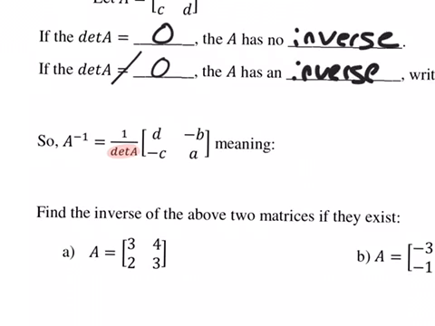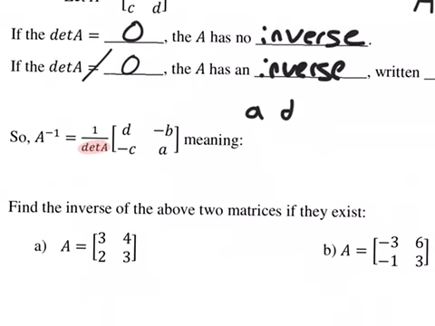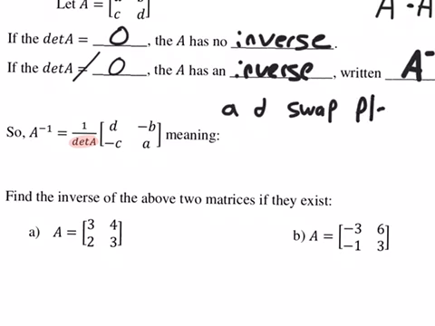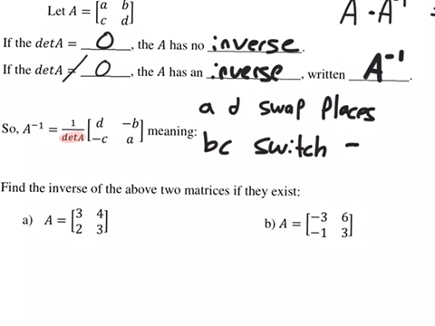A and D swap places. All right, and B and C switch signs. Not with each other, but just overall. They're both going to change signs. So positive to negative, negative to positive.